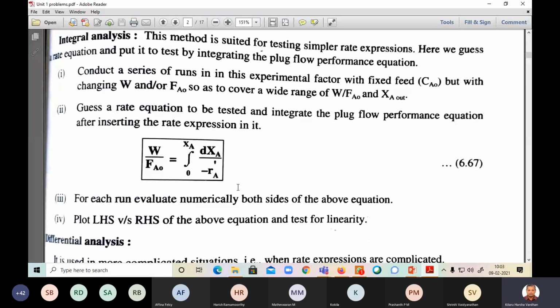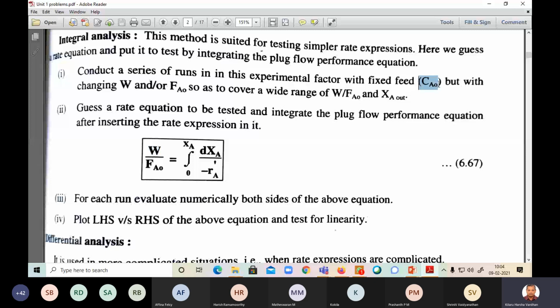So how do we do it? Now you see, conduct a series of runs in this experiment with a fixed CA naught, but with changing W's. So the amount of the catalyst which you are using keeps on changing.